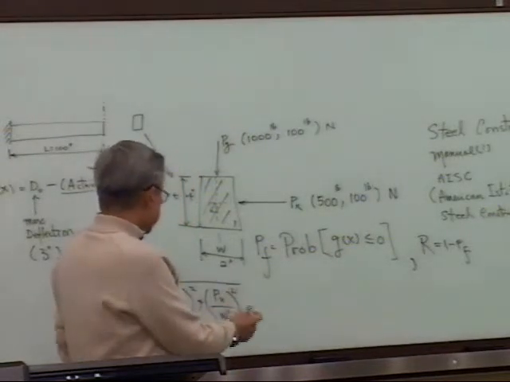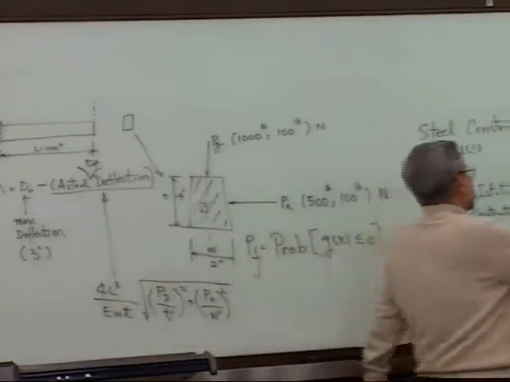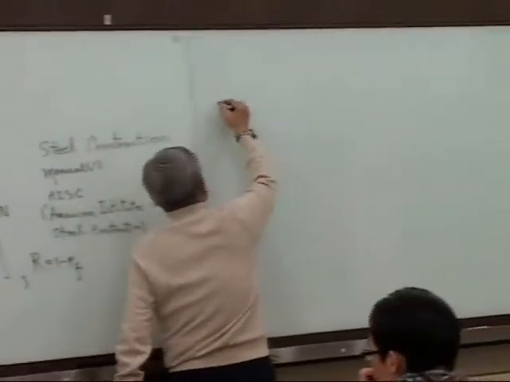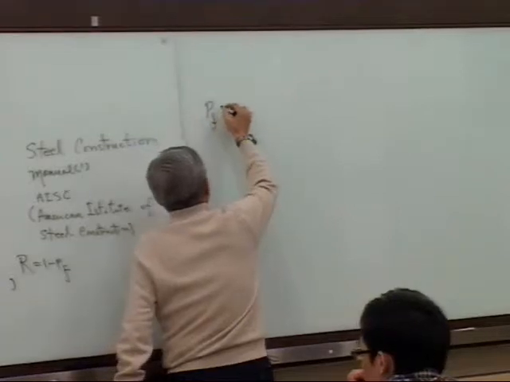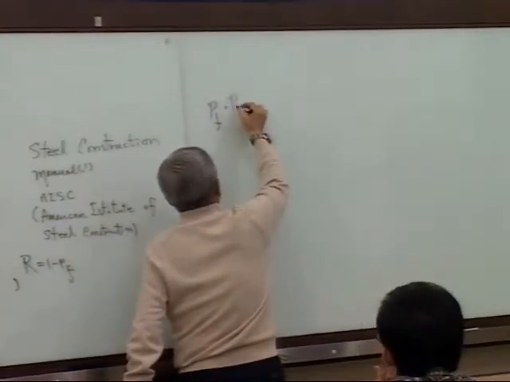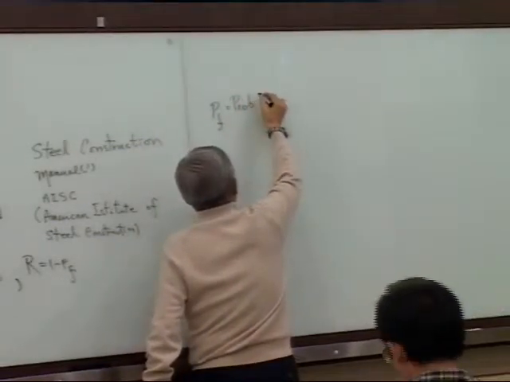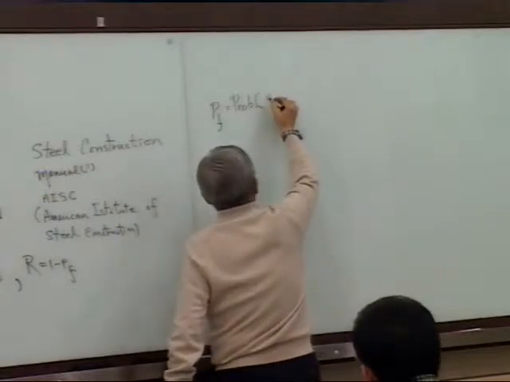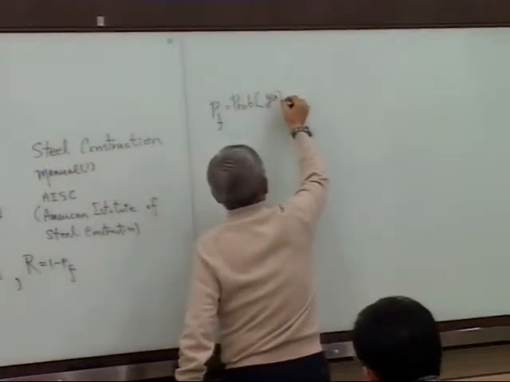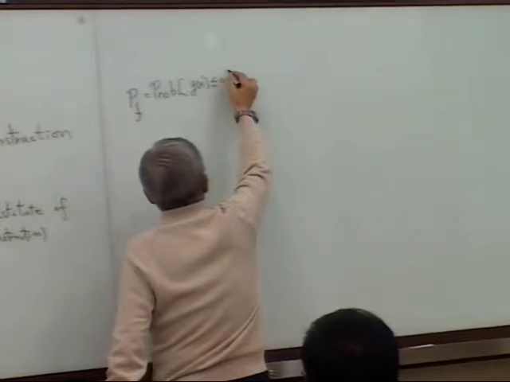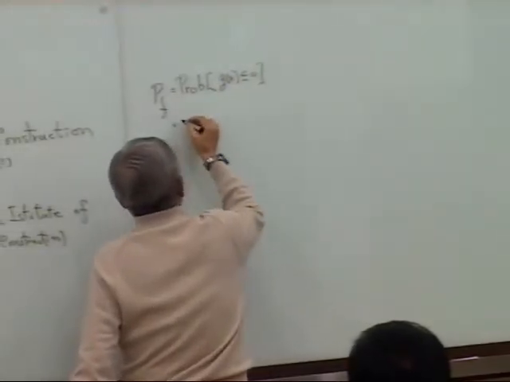If I rewrite here, PF is equal to the probability such that Gx is less than or equal to 0.